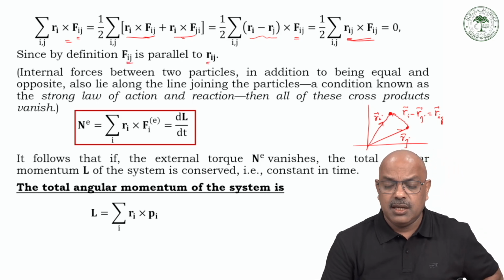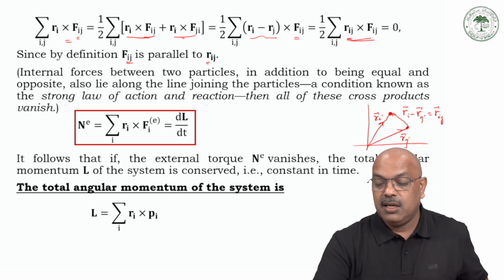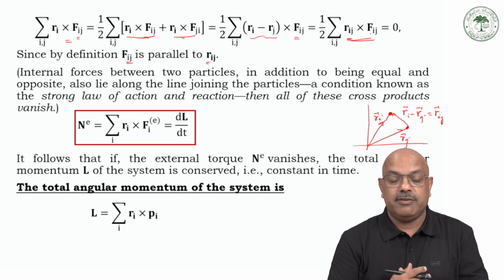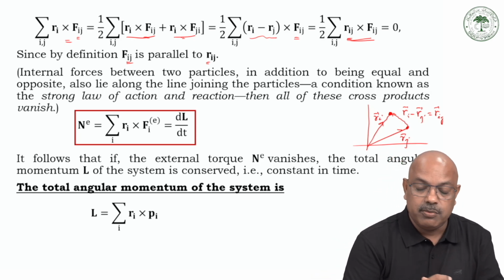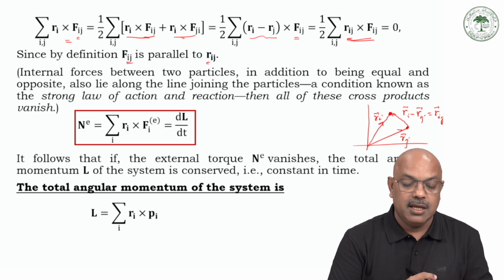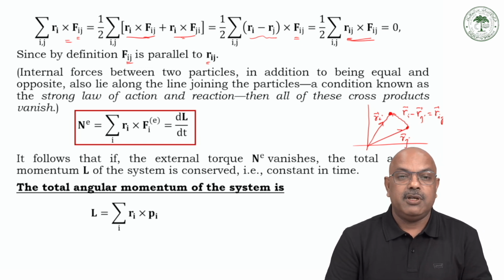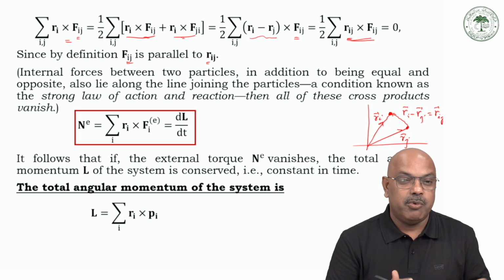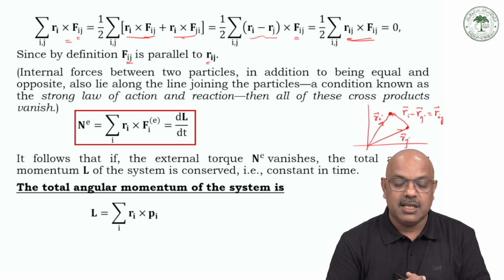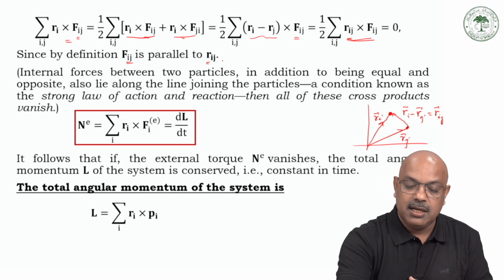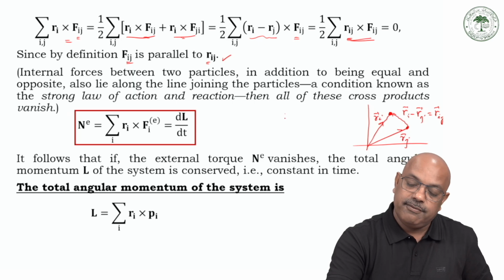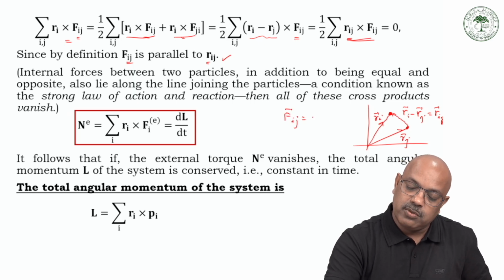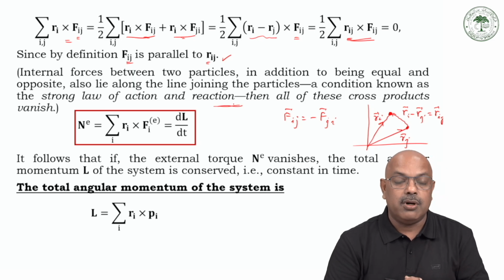It is a cross product, so it is R F sine theta. If they are parallel, sine 0 is 0. The internal forces between two particles, in addition to being equal and opposite, also lie along the line joining the particles. That's a condition known as the strong law of action and reaction. That's why this is parallel, and Fij is going to be minus Fji. This is Newton's third law.